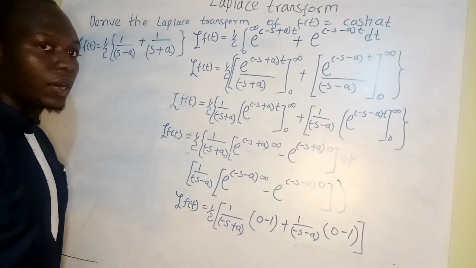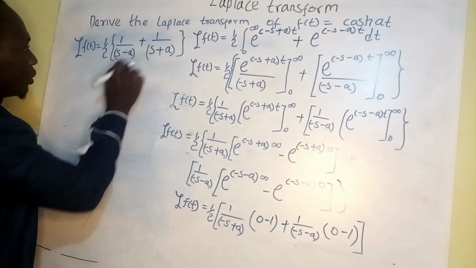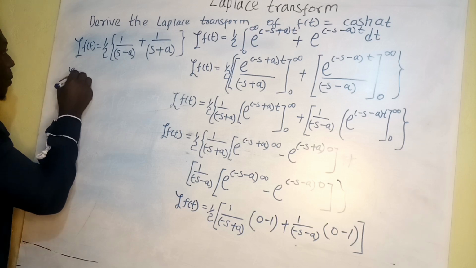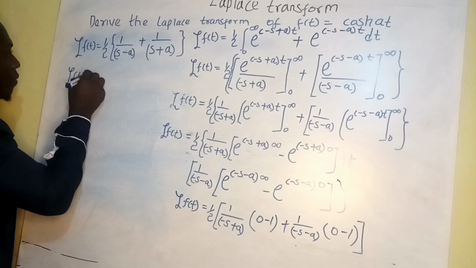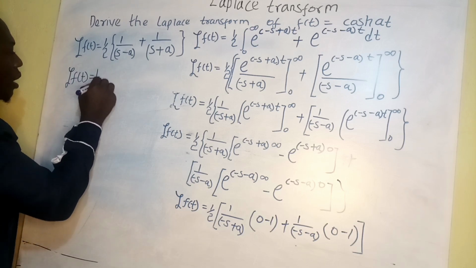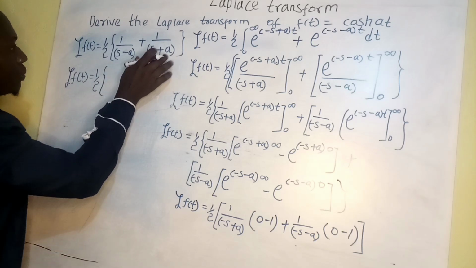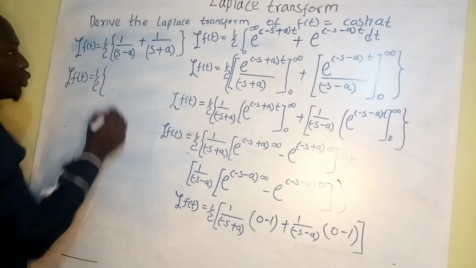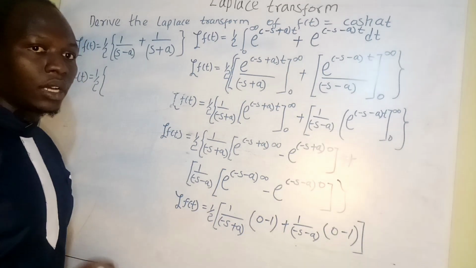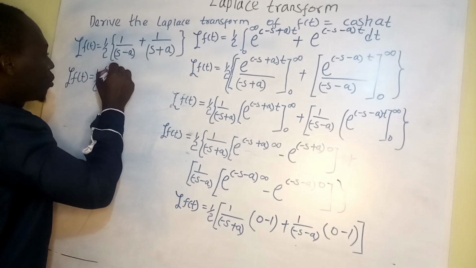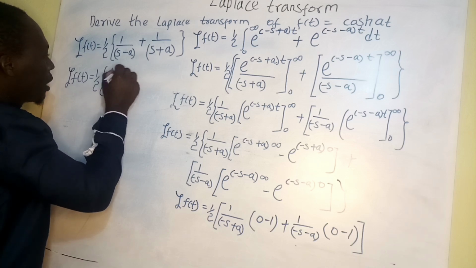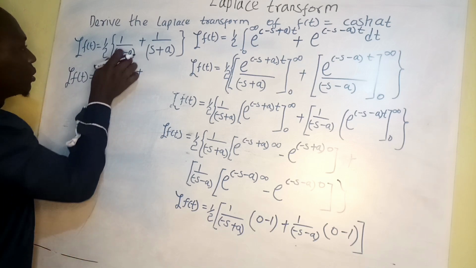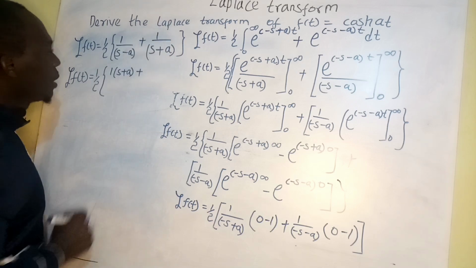Let us simplify now these fractions, and by simplification of these fractions, we are going to have the Laplace transform of our function f of t is going to be equals to a half into. We take whatever we are having here, we multiply by 1 to mean we are going to do our cross multiplication. And we are going to have 1 into s we add to a. We come and add to whatever we are having here, we multiply by that.